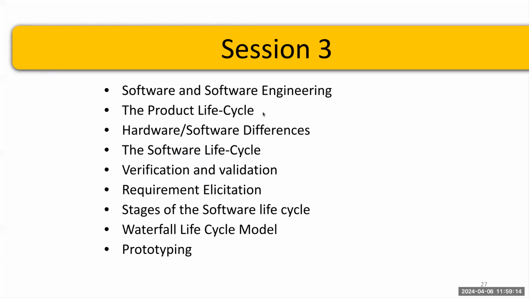Session 3 covers software and software engineering, the product life cycle, and the software life cycle. It covers the difference between verification and validation, requirement elicitation, and the stages of the software life cycle.